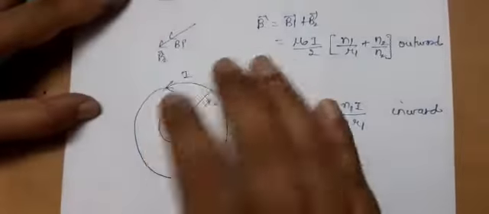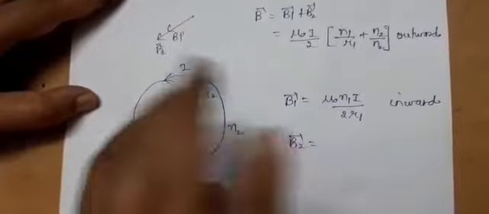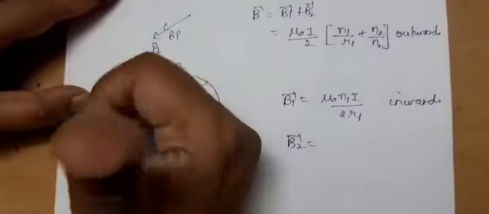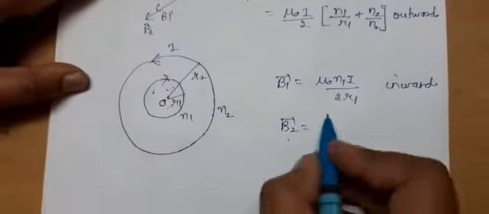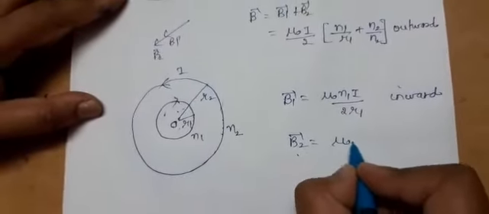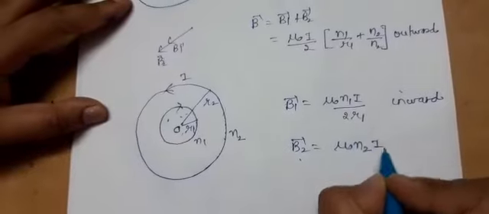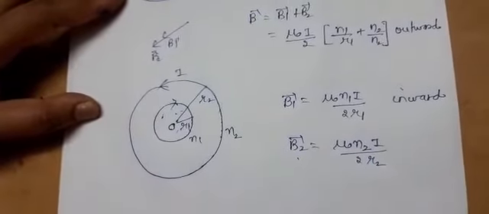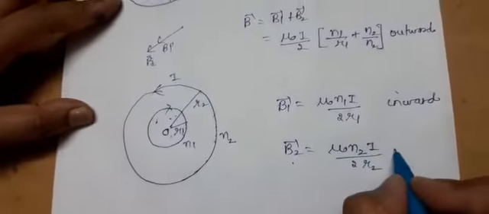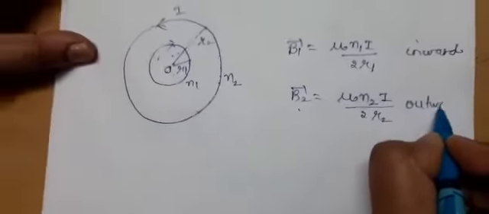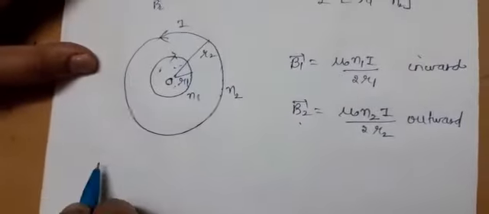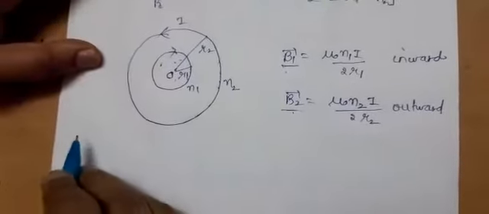For the outer loop the thumb is pointing outward, so the magnetic field has magnitude mu naught n2 I upon 2r2, and the direction is outward.